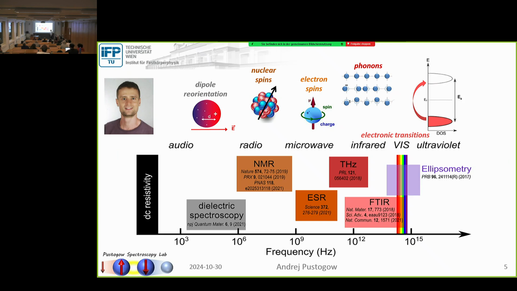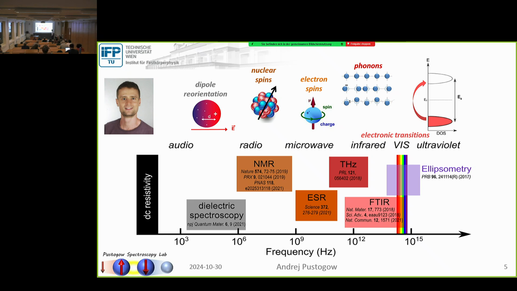So I'm studying these materials with different spectroscopic techniques, which cover the entire electromagnetic spectrum. At low frequencies, apart from transport, which everybody is doing, I'm doing dielectric spectroscopy, where we can look at dipole reorientations on bigger scales. Then in the radio frequency range, I'm doing nuclear magnetic resonance, where we can excite the nuclear spins and learn how the electrons around these nuclei behave.